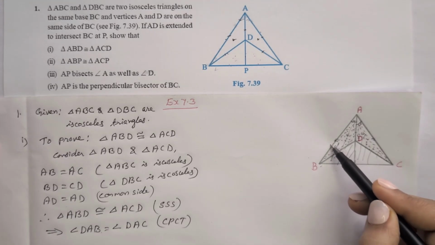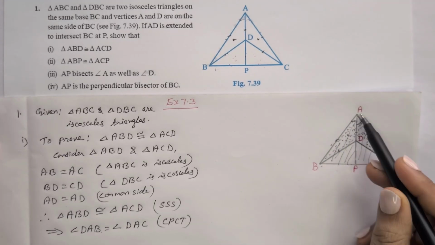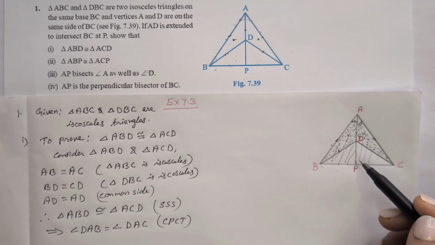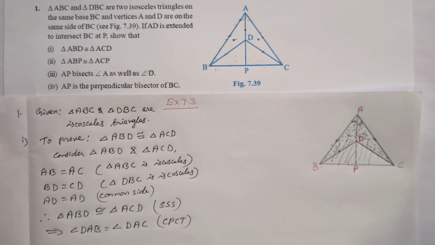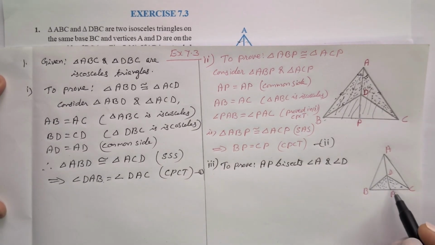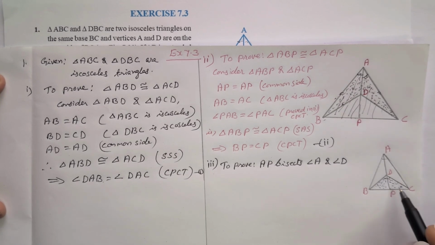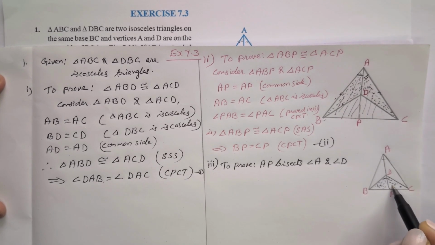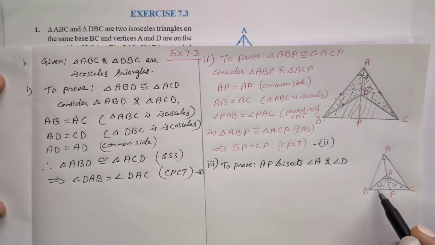Then side, angle, side, SAS congruency condition. These two triangles are congruent. Now third part, to prove AP bisects angle A and angle D. For that, first we have to prove these two triangles are congruent.